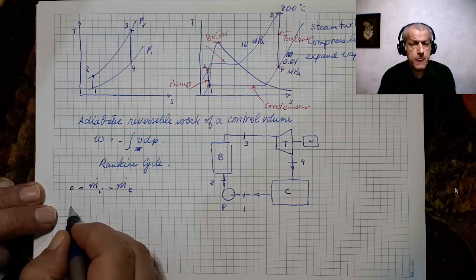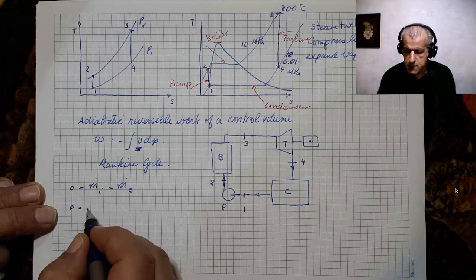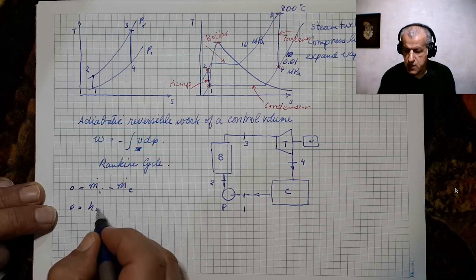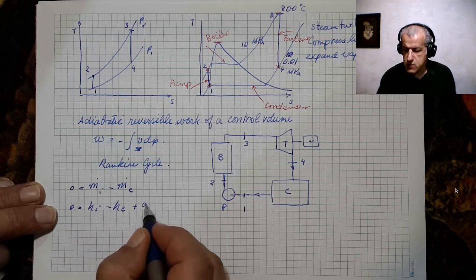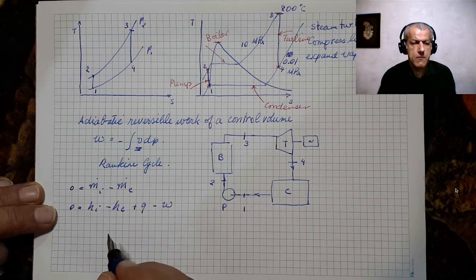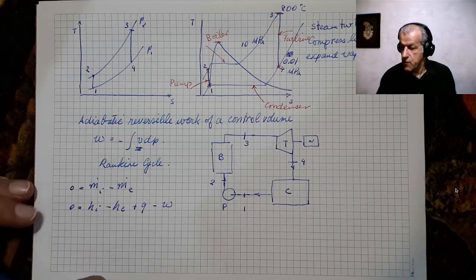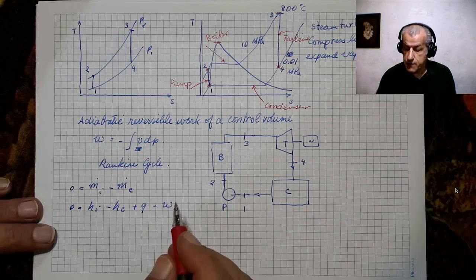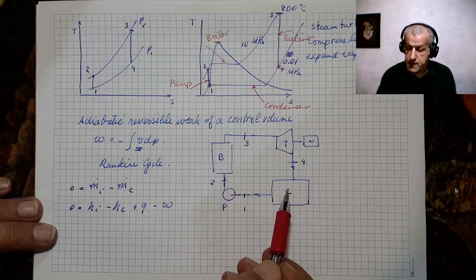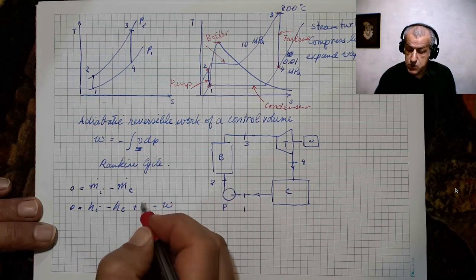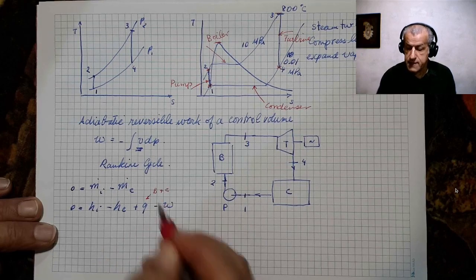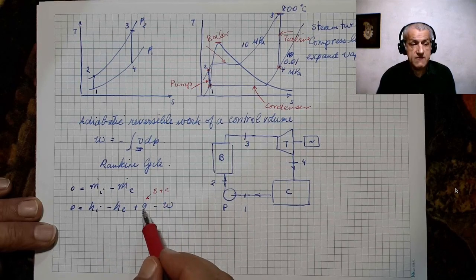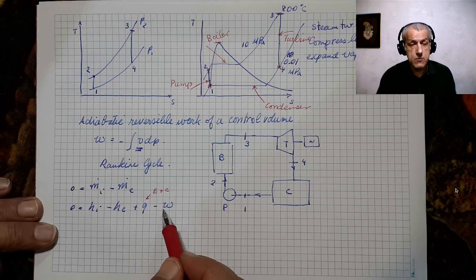For the first law of thermodynamics, 0 equals Hi minus He plus Q minus W, where for boiler and condenser, Q has value and W is 0.